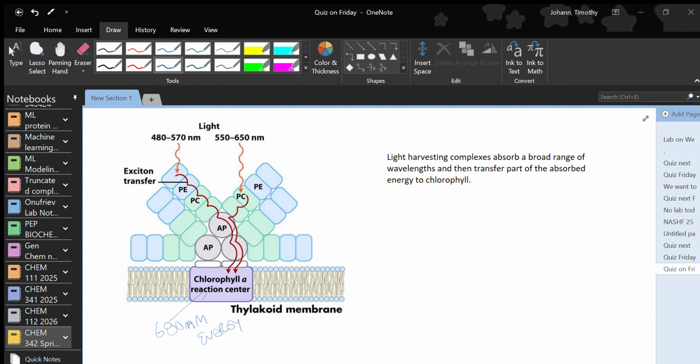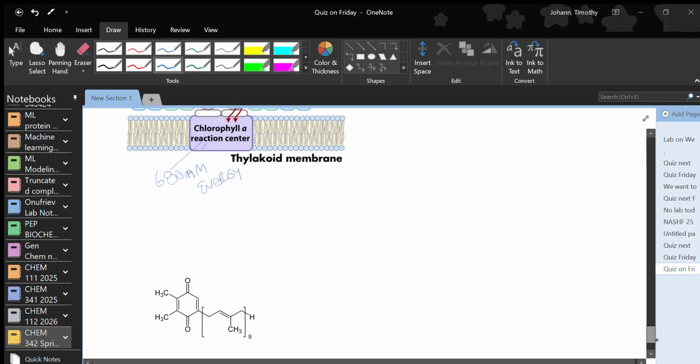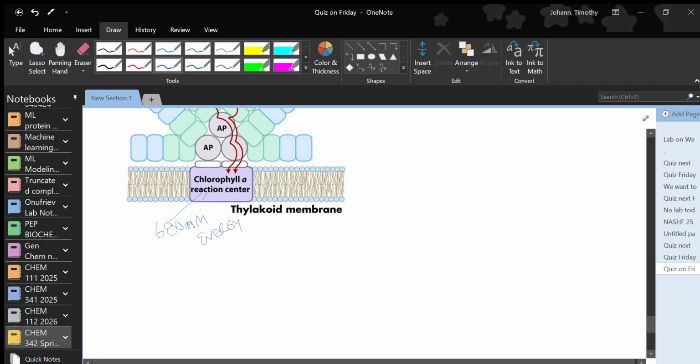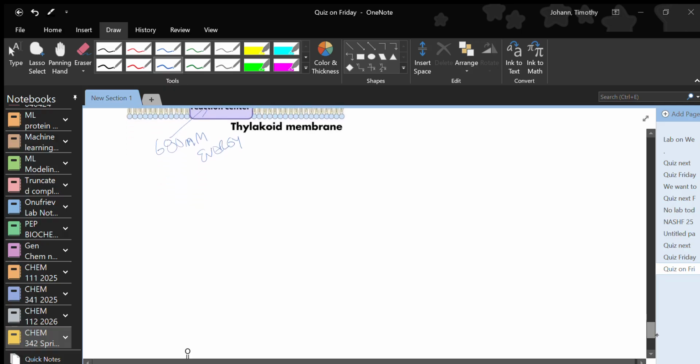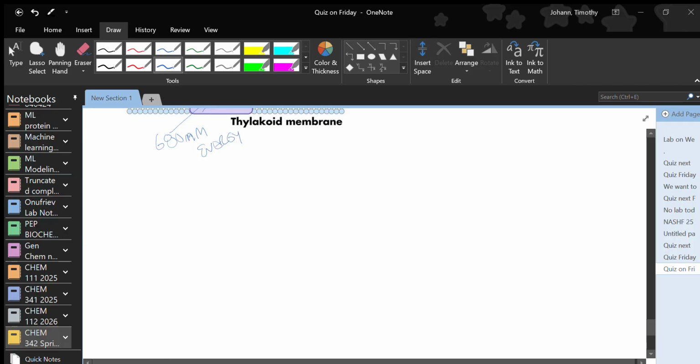Okay, so once we have this energy in chlorophyll A, we can transfer it and use it to actually do work. The light reactions are a series of oxidation and reduction reactions.